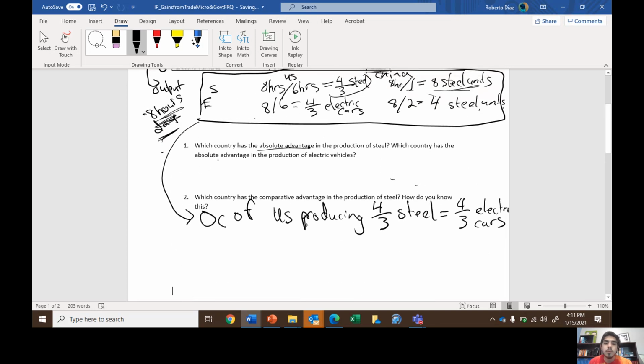Because we want to be able to compare this, we want to find the per unit opportunity cost of producing steel. So we want to get this value to 1. The way we can do this is multiply by 4/3 by the reciprocal, so times 3/4, to get 1. And we find the per unit opportunity cost of the United States producing 1 unit of steel is 1 unit of electric cars.